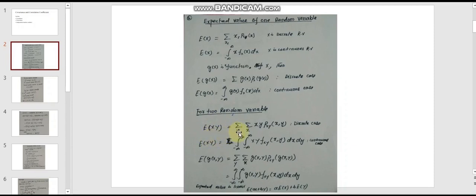This can be described by taking the summation with respect to x and y of the product of the values of random variables x and y, multiplied by the joint probability mass function of the bivariate random variable x and y.